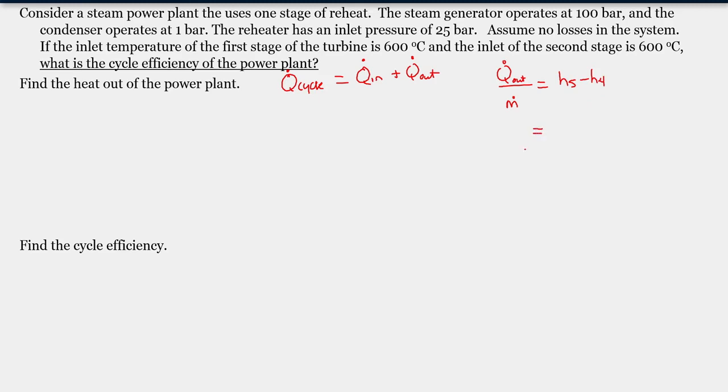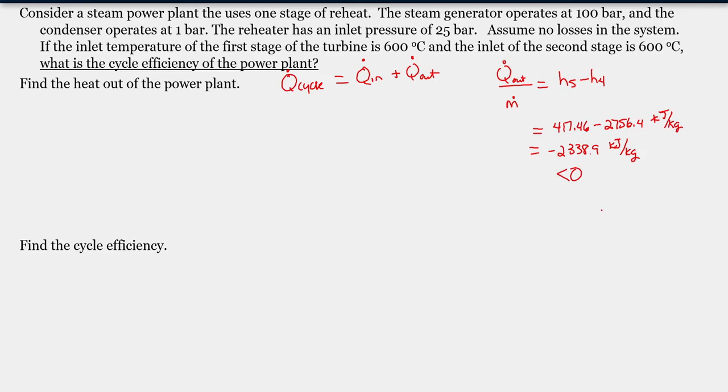If we substitute in the values that we determined for those two enthalpies, we get 417.46 minus 2756.4 kilojoules per kilogram. We get a number when we punch that into our calculator, which is minus 2,338.9. It's a negative number, which is as we would expect, because this is heat transfer out of the system.